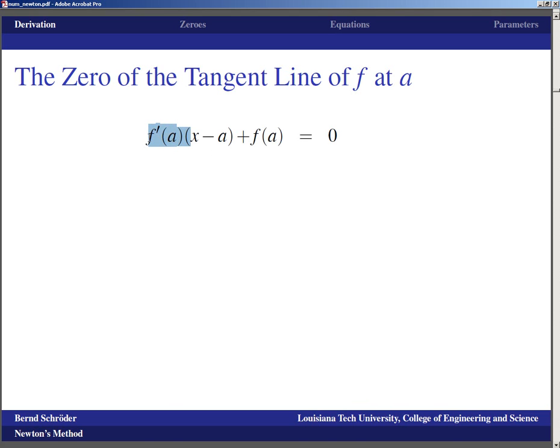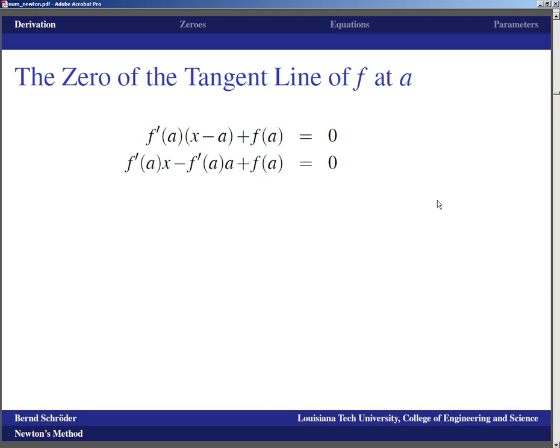I know that the slope of the tangent line is f prime at A. I know that at A, it's supposed to have the value f of A, which it does when we have an x minus A here. So this is a line that has slope f prime of A, and which is equal to f of A at A, and that means it's got to be the tangent line.